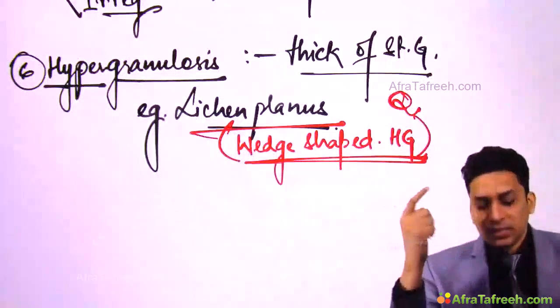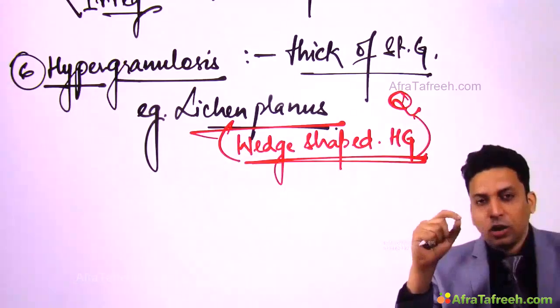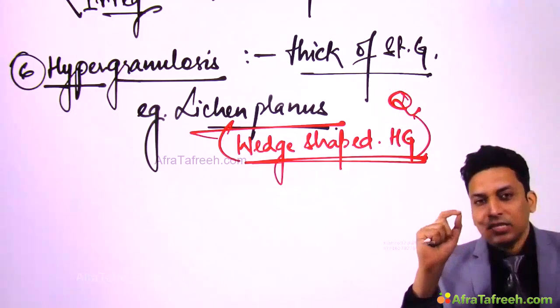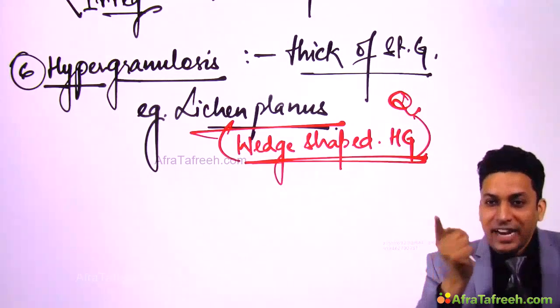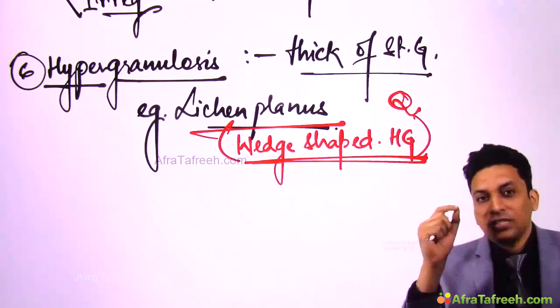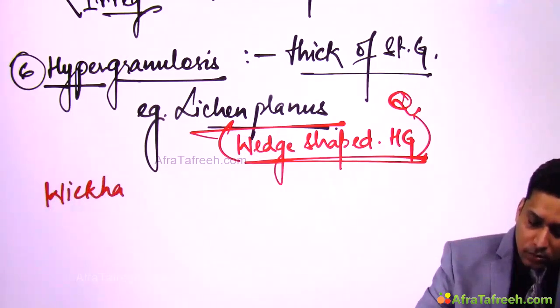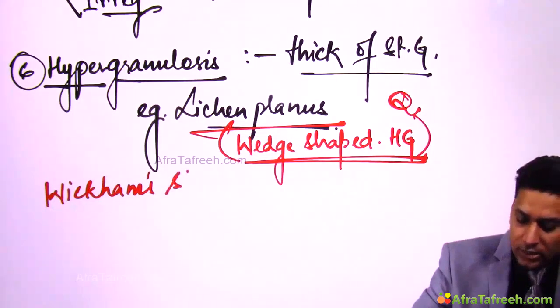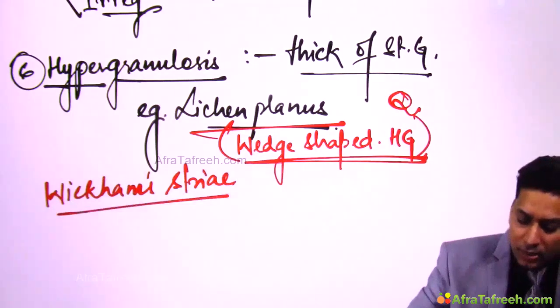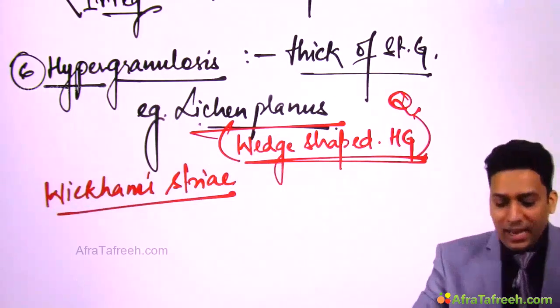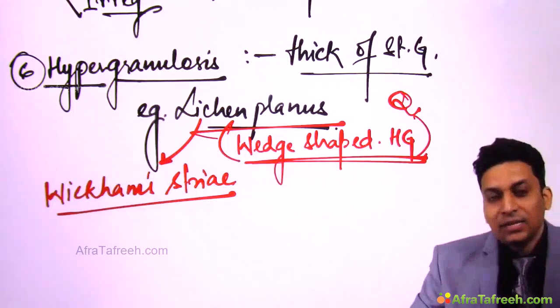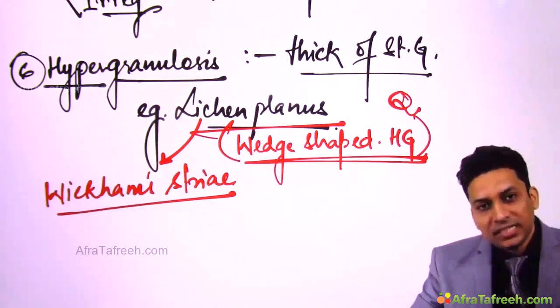Later on we will be discussing lichen planus in detail, but for now just remember that in lichen planus lesions there is a net like pattern which is seen, known as Wickham striae. Sometimes they ask you why Wickham striae are seen in lichen planus.